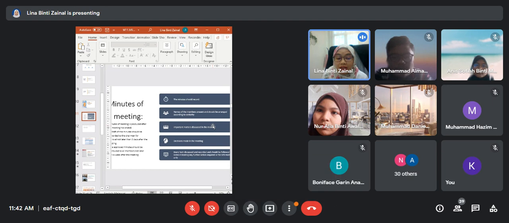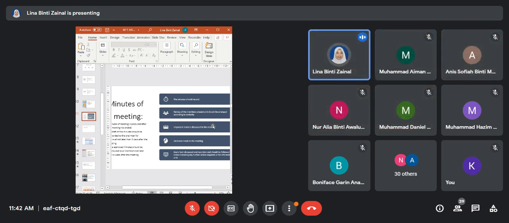For example, you guys are discussing about a trip to Genting Highland, and for this trip you have five main committees, and one of the committees is transportation. Then you have decided that Fahmi is in charge of the transportation for this trip.